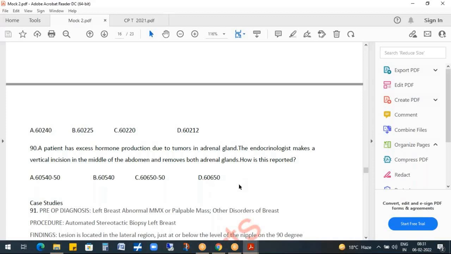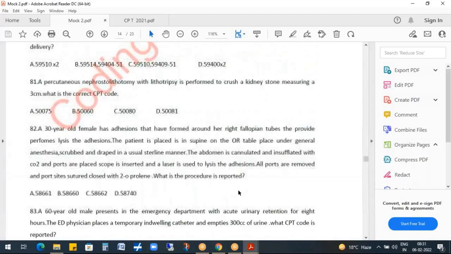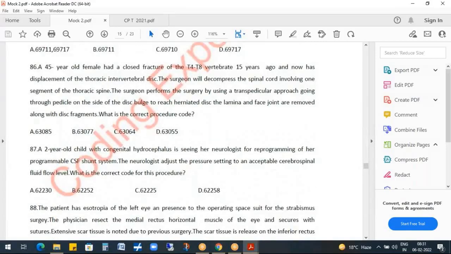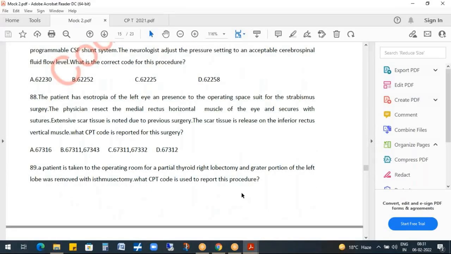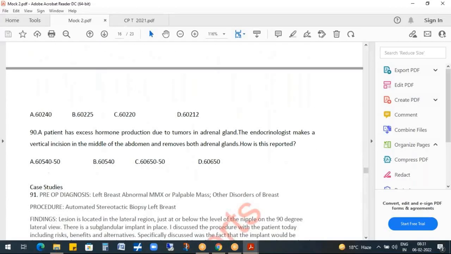Okay, sir. My doubt is here they didn't give one side, right or left, like that, sir. In the question, production due to adrenal gland. Okay, both glands they have given or not? Removed both adrenal glands. Yes, sir. Removed both.